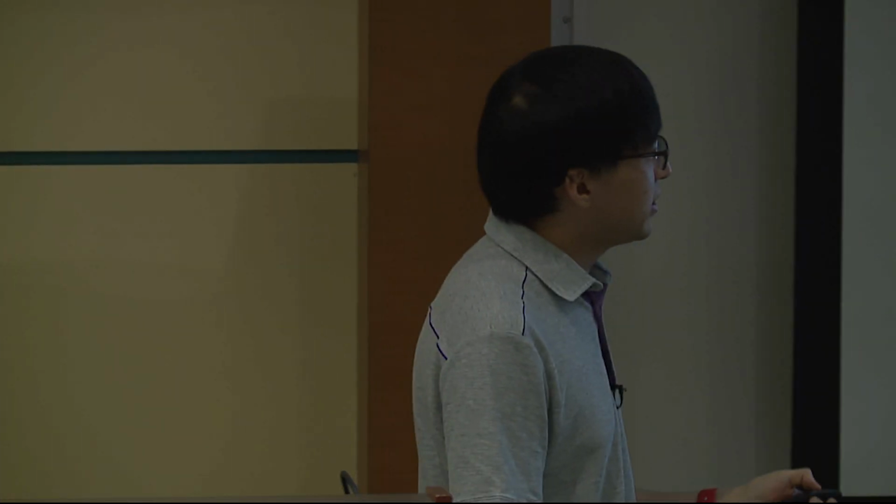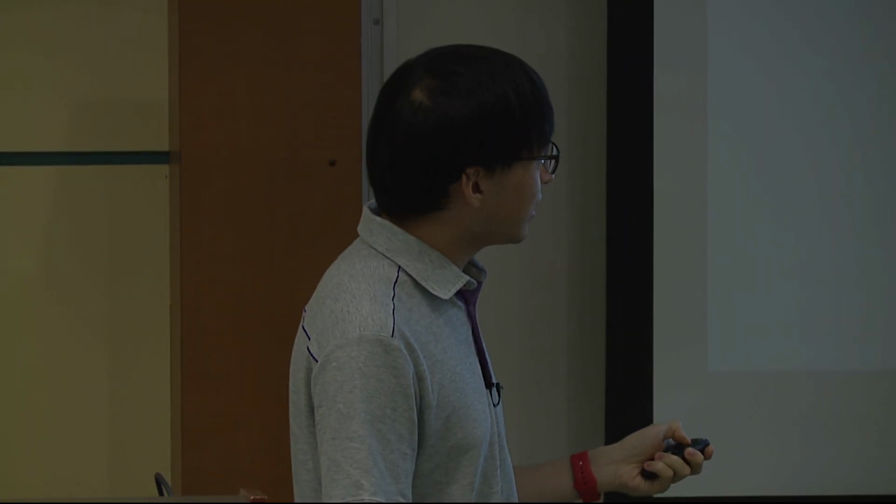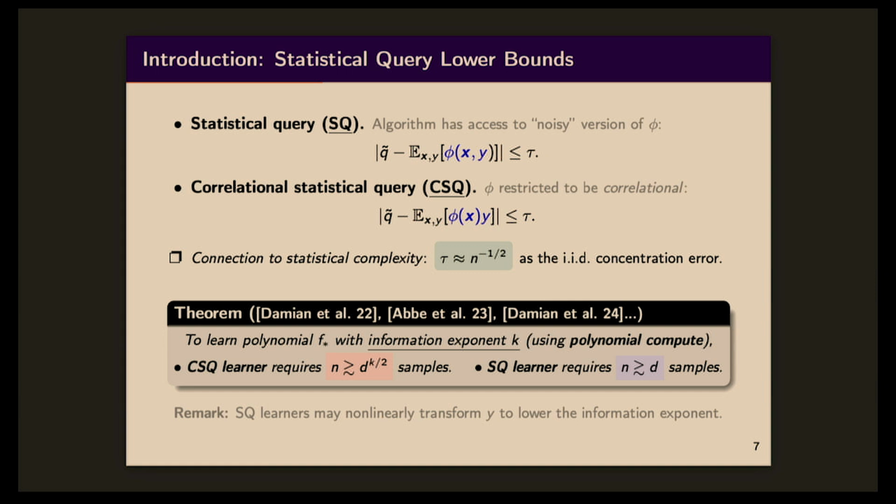So basically, you see this divide. For the CSQ learner, the information exponent seems to be a fundamental barrier. But for SQ, this is not the case. This is perhaps not too surprising because this is a much larger class of queries. In particular, there's one kind of query that SQ can clearly make use of but CSQ cannot, which is that SQ can apply some nonlinear transformation to y.